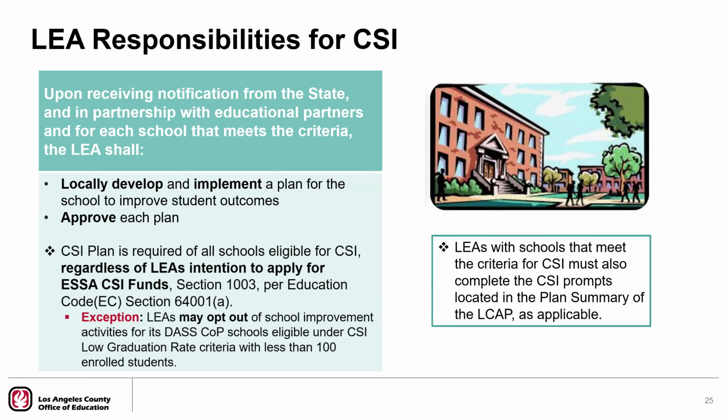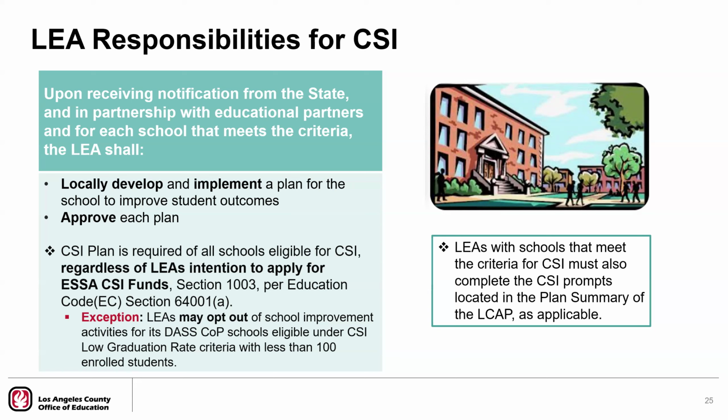Another important thing to note is that the CSI plan is required of all schools, regardless of whether or not the LEA receives CSI funds. And so the only exception to this is for those DOS community of practice schools that are eligible for CSI under the low graduation rate criteria and have less than 100 students and choose to forego implementation of CSI-related improvement activities.